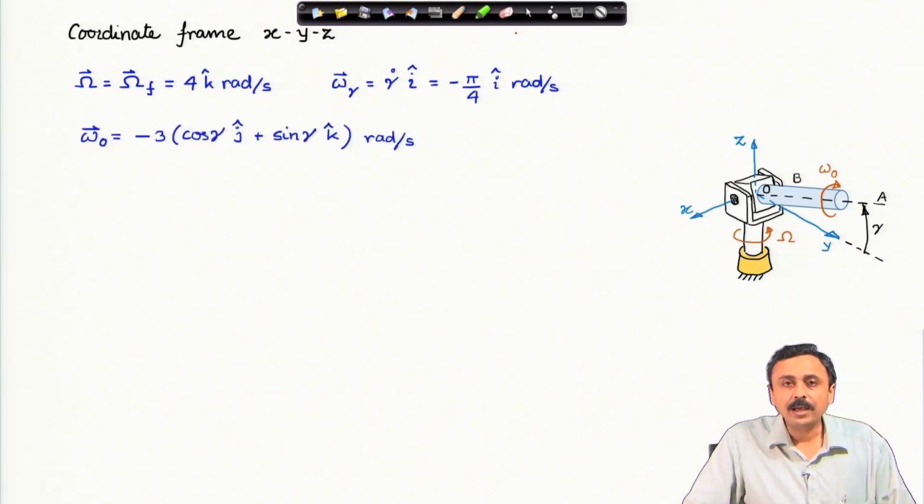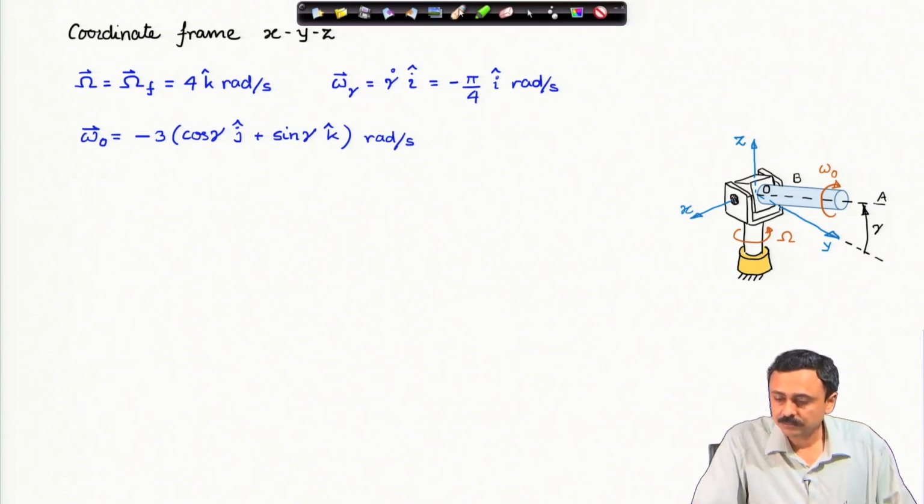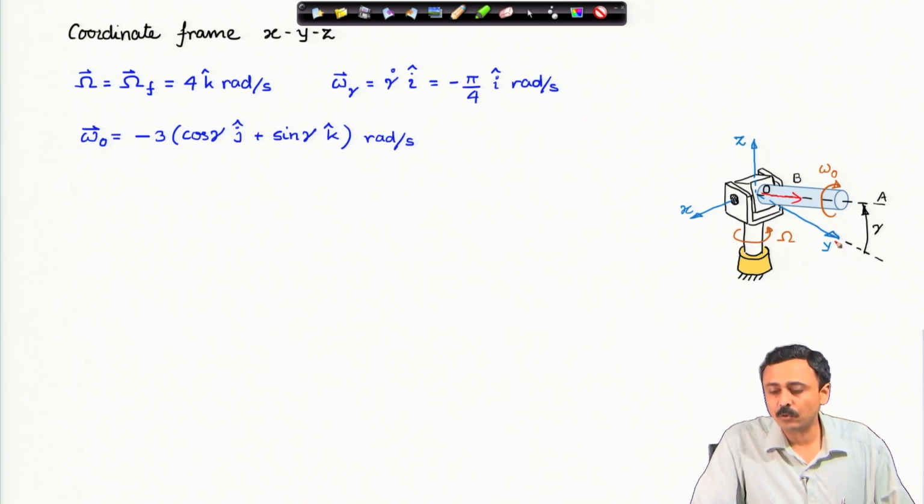Now, omega naught, which is the spin angular velocity vector, which is shown, is minus 3, that is, 3 radian per second was the magnitude, and the direction is given by the unit vector OA, which can be expressed in the xyz coordinate system.